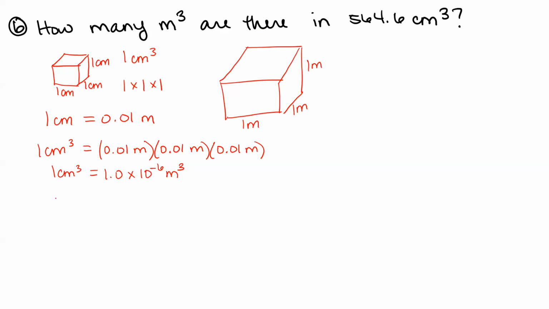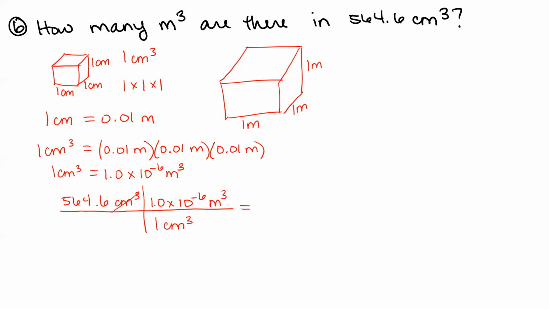So there are 564.6 centimeters cubed in whatever object we just measured volume on. And we know that 1 centimeter cubed is equal to 1.0 times 10 to the negative 6th meters cubed.